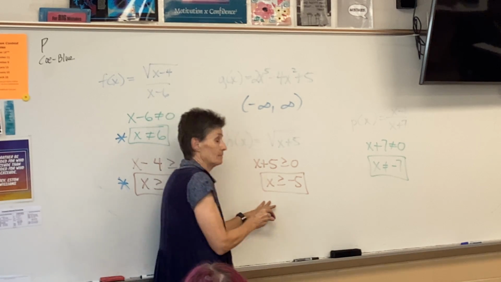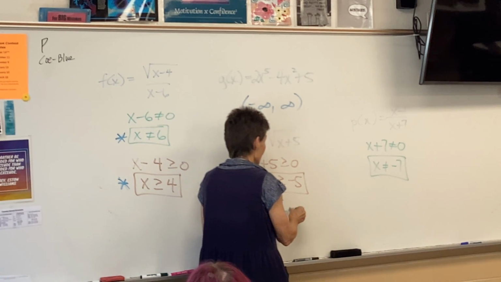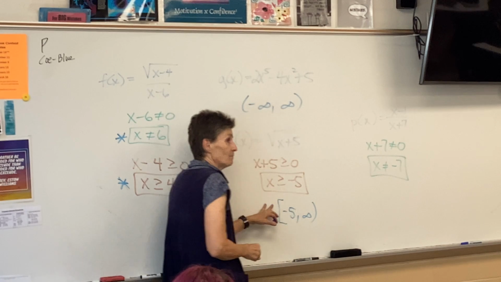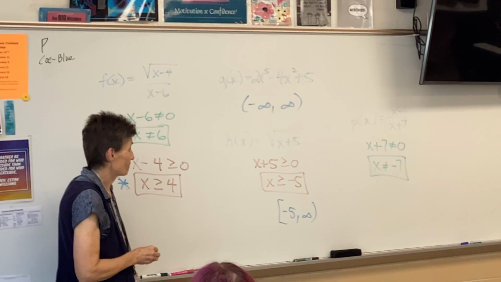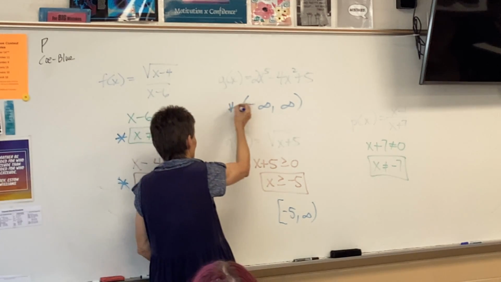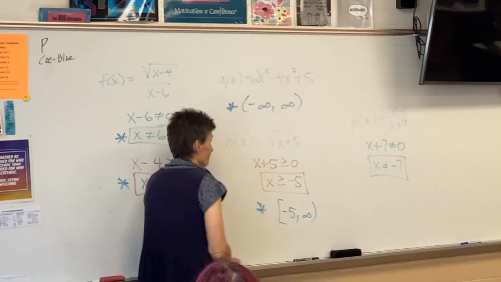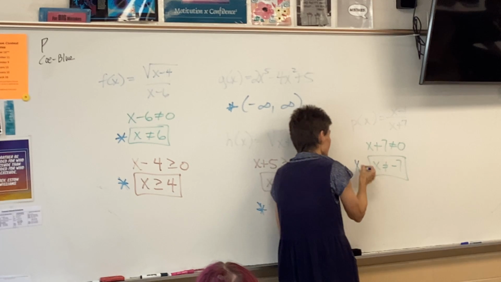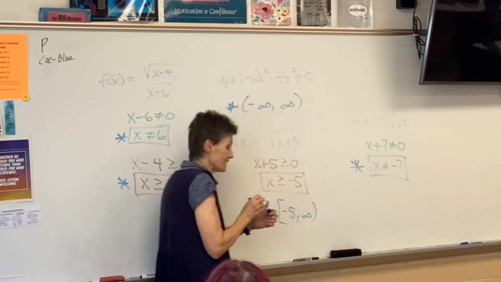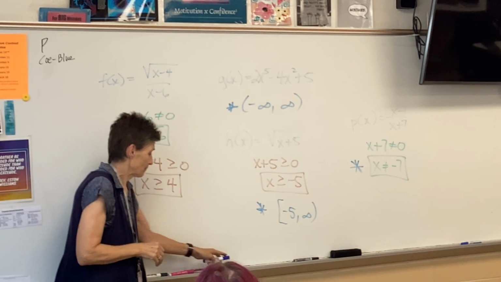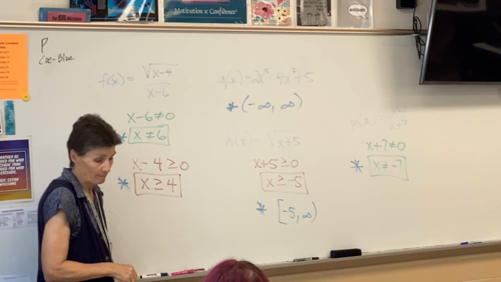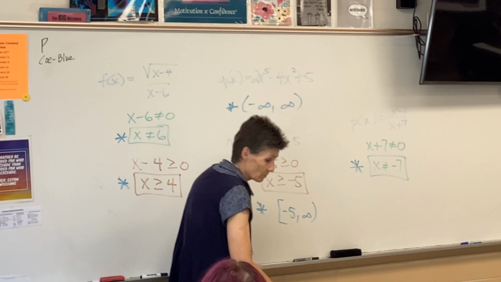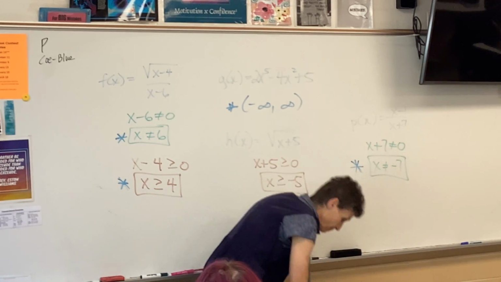What is that? -5 to infinity. This one you can just leave just like that. The not equal to's, you can just leave alone. So there we go. That's part 1.